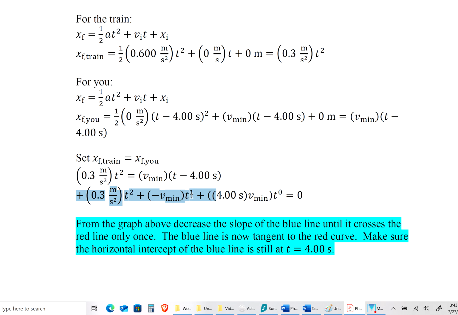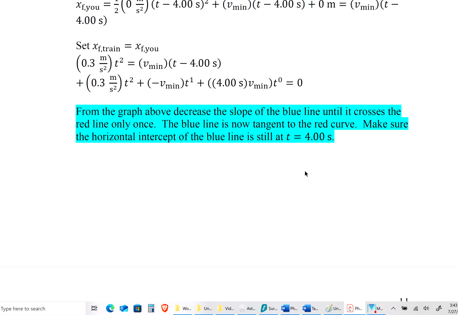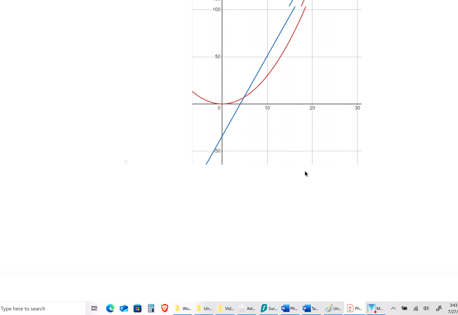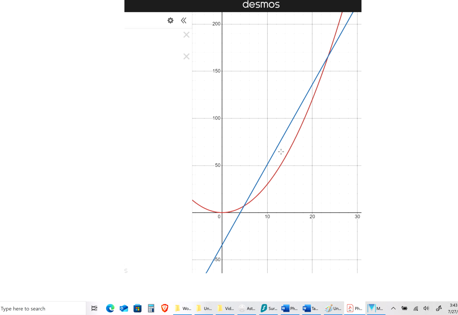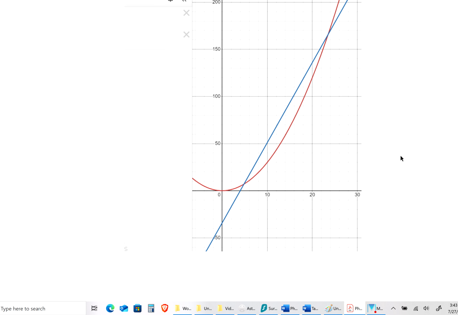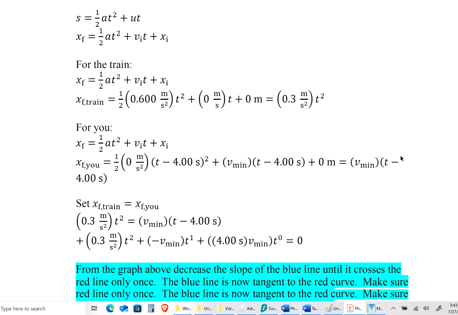Now we have this quadratic equation, but we have two variables, time and velocity minimum. So let's do this. Let's take this graph here and let's decrease the slope of the blue line until it crosses the red line only once. That gives us V minimum.